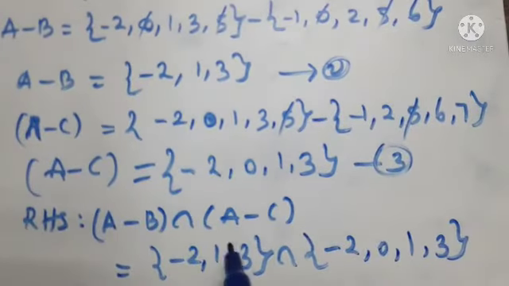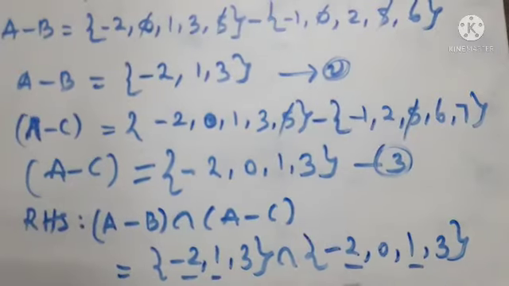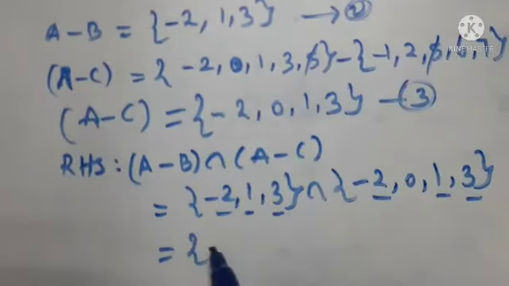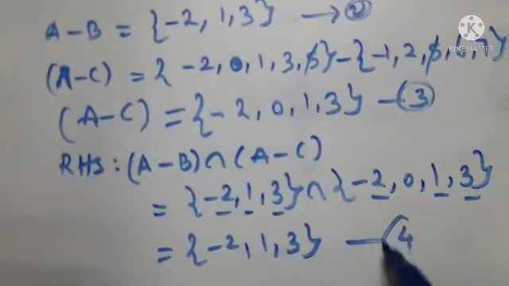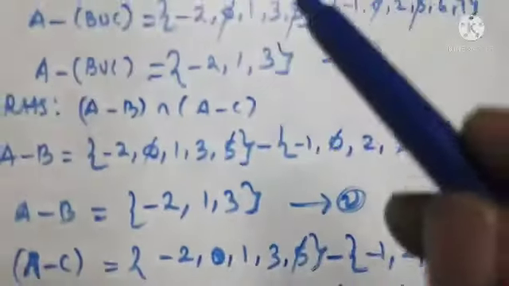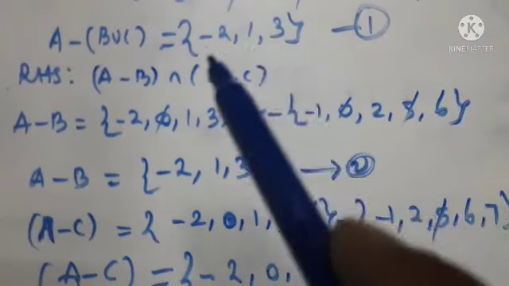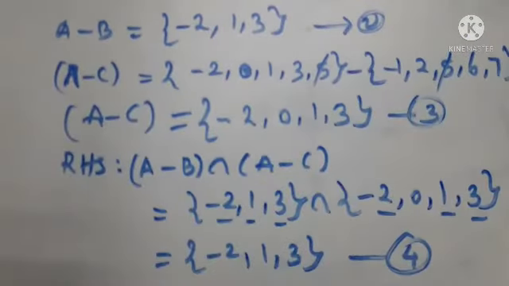So the common elements of both sets: -2 is common, 1 is common, and 3 is common. It is equal to {-2, 1, 3}. This is equation 4.